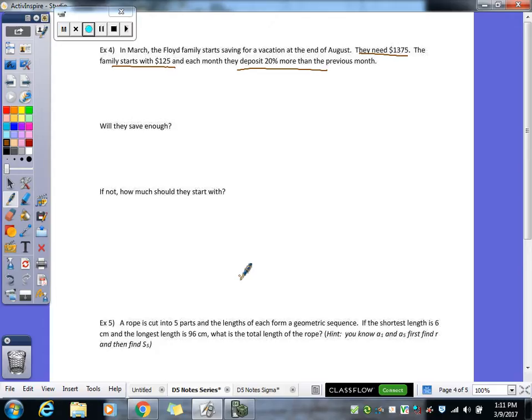So they want to know, will they save enough? And if not, how much should they start with? So again, this is still going to be a sum, because what they're doing is adding together the money they put into the savings account. So we still have to use our sum formula there.